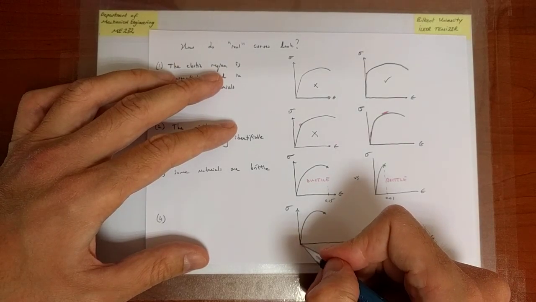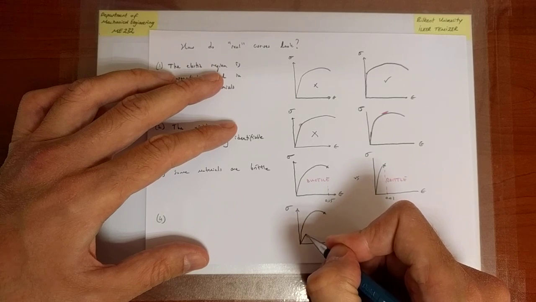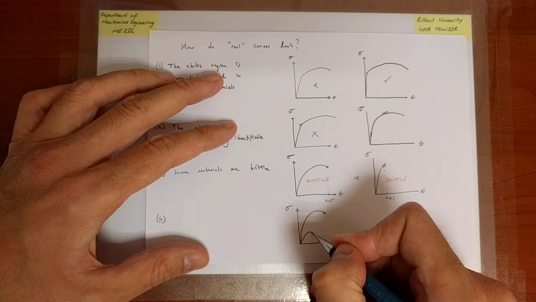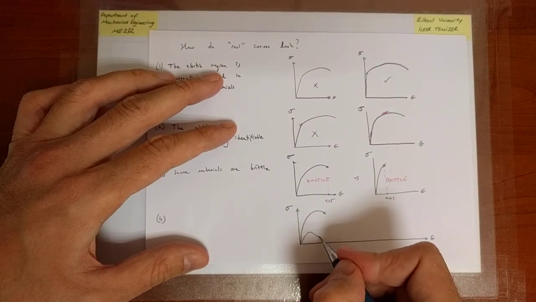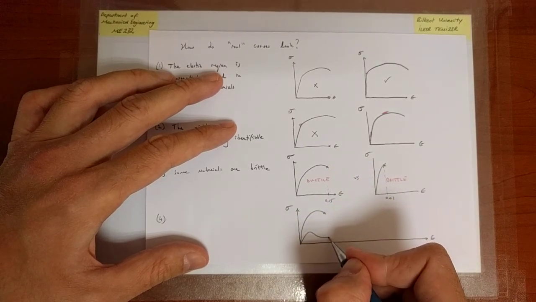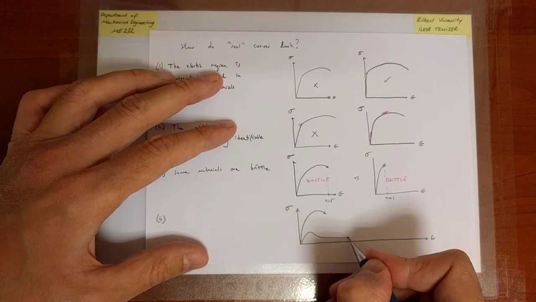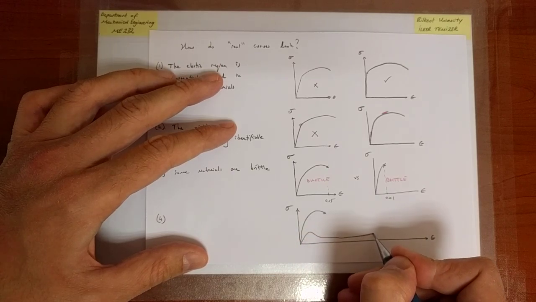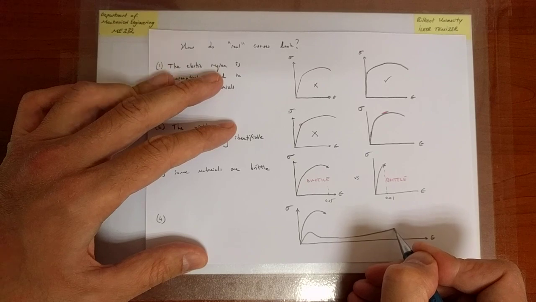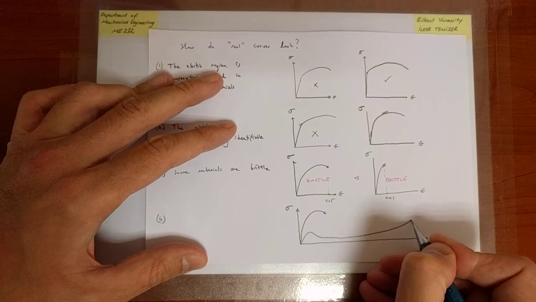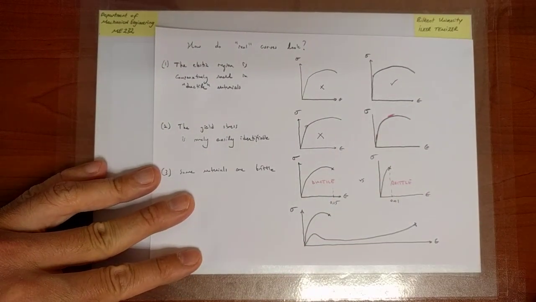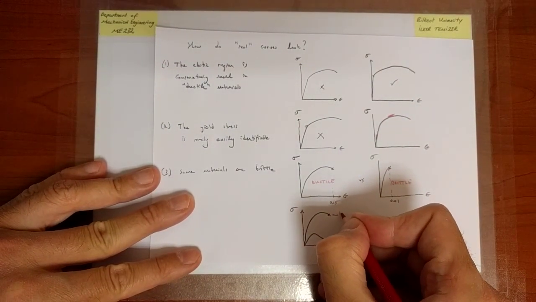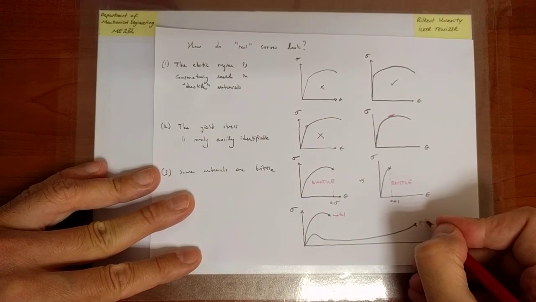Or we might be interested in a polymeric specimen. Usually they have a smaller Young's modulus. Yes, eventually they do yield at some point, and then they do follow a similar curve, but some of them, in particular the one that we are going to test in our lab experiment, they behave like this. Okay? So this is a metallic specimen. This one is a polymeric specimen.